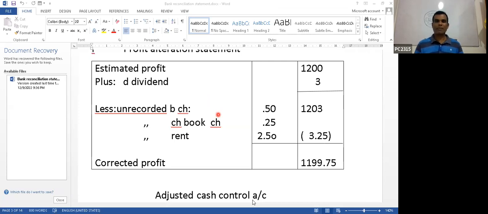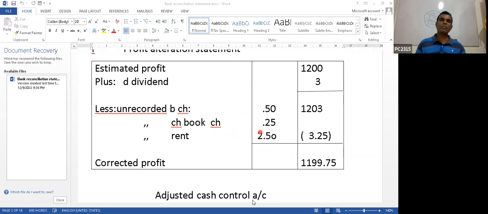Right. Is it easy for you to understand? Now here, through the cash receipt journal, this amount should be debited to the cash control account. This amount 2,000 should be debited here. Here income.